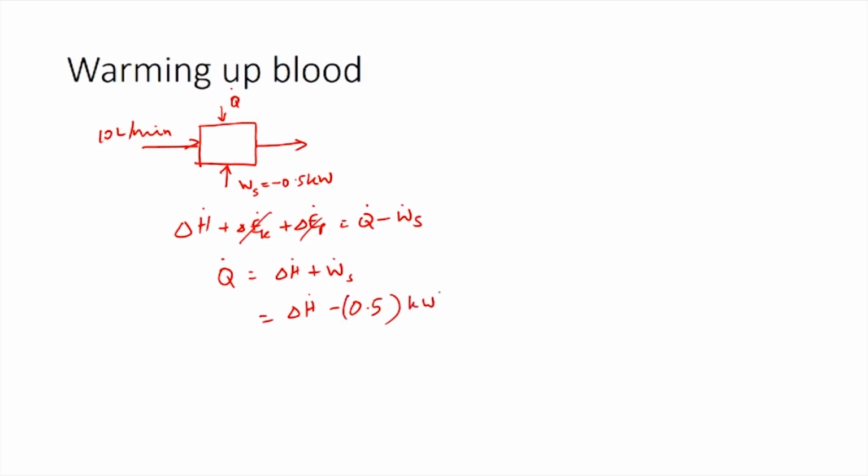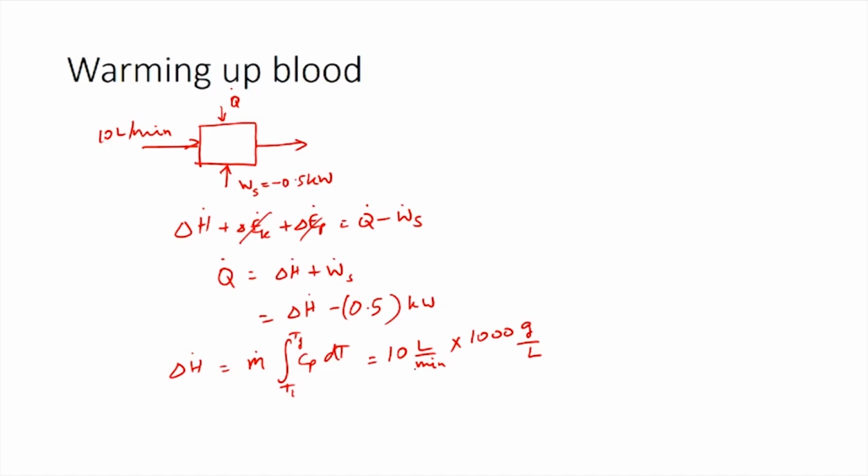If we can calculate delta H dot in terms of kilowatts, we can substitute this value here and find the value for heat which needs to be supplied. So, what would be delta H dot? We have been given the Cp value for blood. Using this we know that delta H dot can be calculated as m dot integral Cp dT from T initial to T final. Here m dot would be 10 liters per minute times 1000 grams per liter.